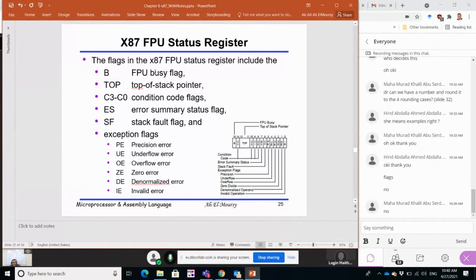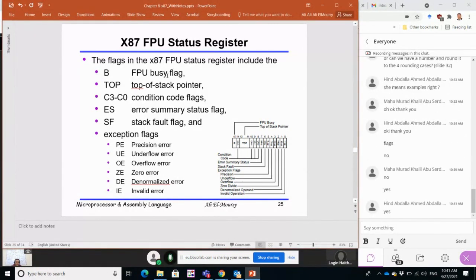So the busy flag is raised to 1 as long as the floating point unit is still in its calculation. Once the calculation is done, the flag goes to 0, indicating to the X86: now I am ready for the next instruction. You understand? You get the point? So we understood what the busy flag does.